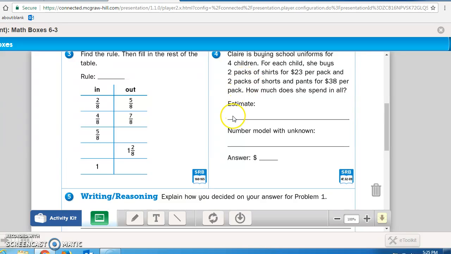You should know that it's 4 children, and she's getting 2 packs of shirts for $23.